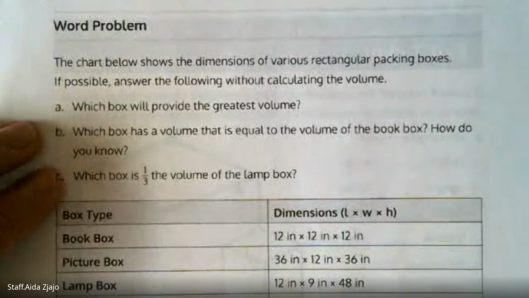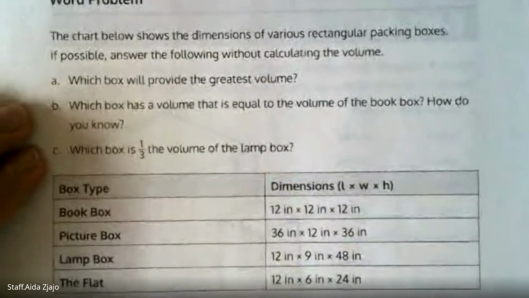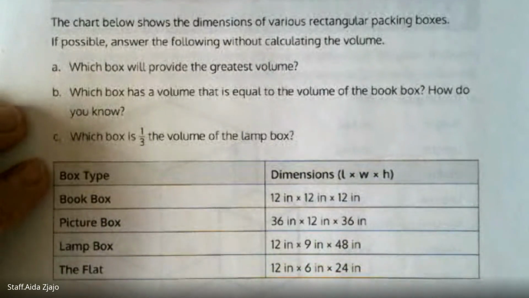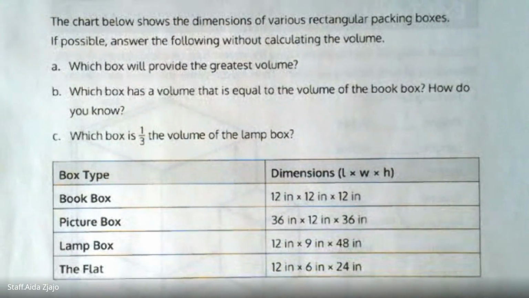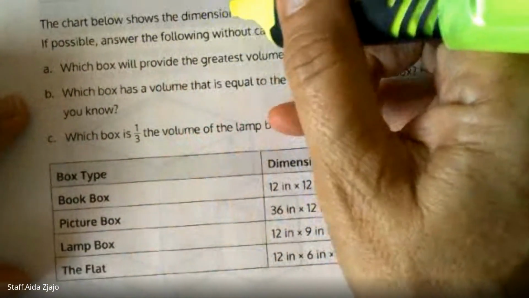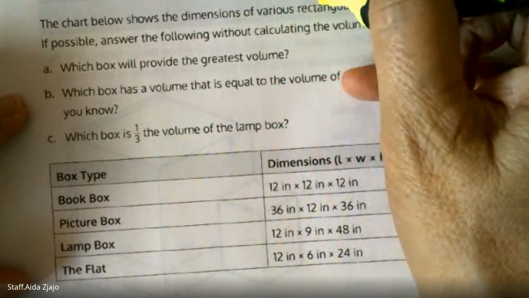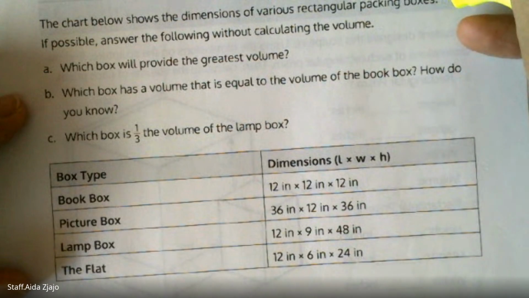All right, let's start working. Let's see what they would like us to do. The chart below shows the dimensions of various rectangular packing boxes.